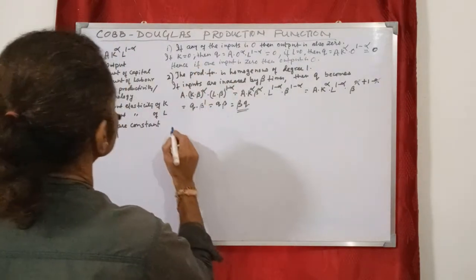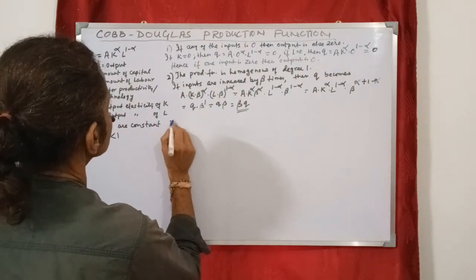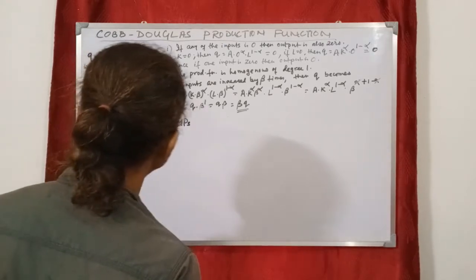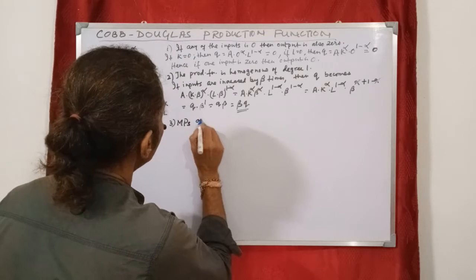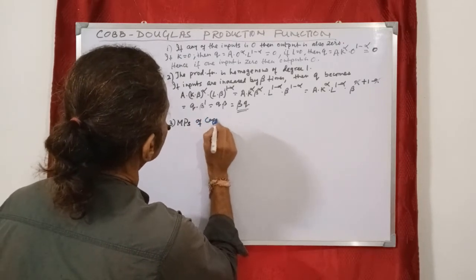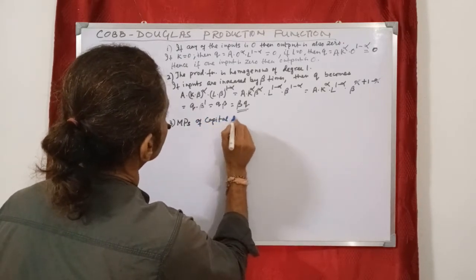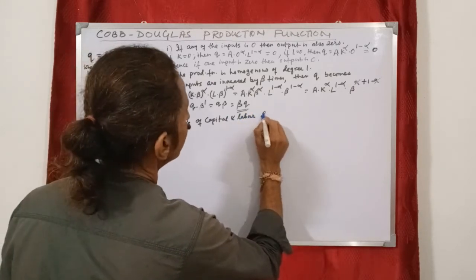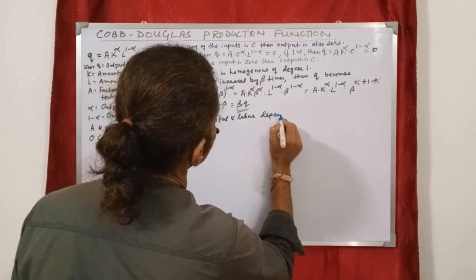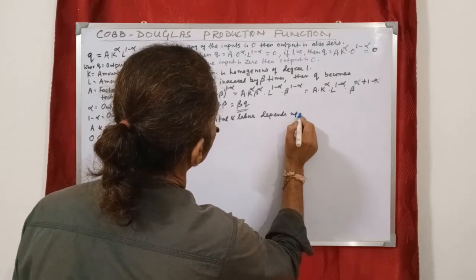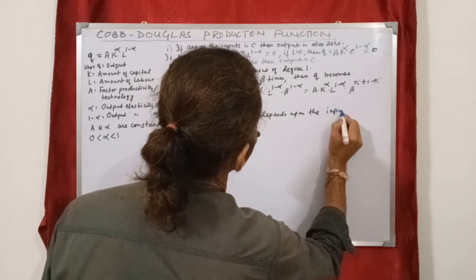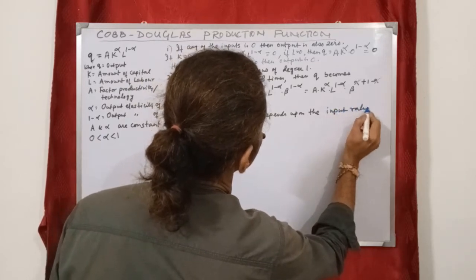Number 3, marginal productivities, MPs, meaning marginal productivities of capital and labor, depend upon the input ratio.